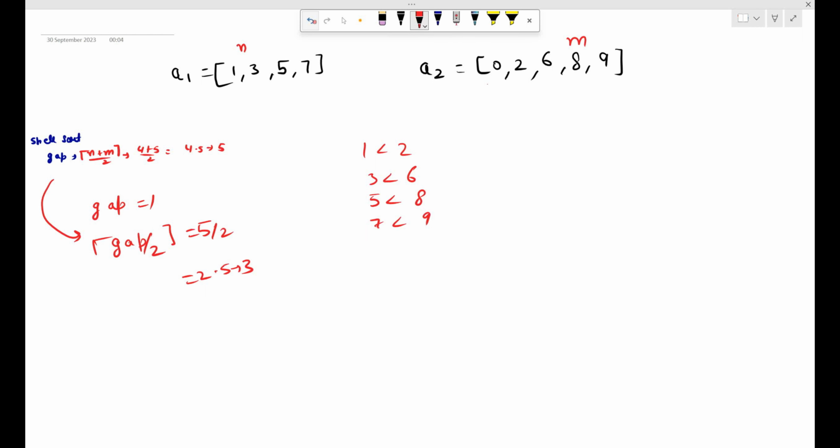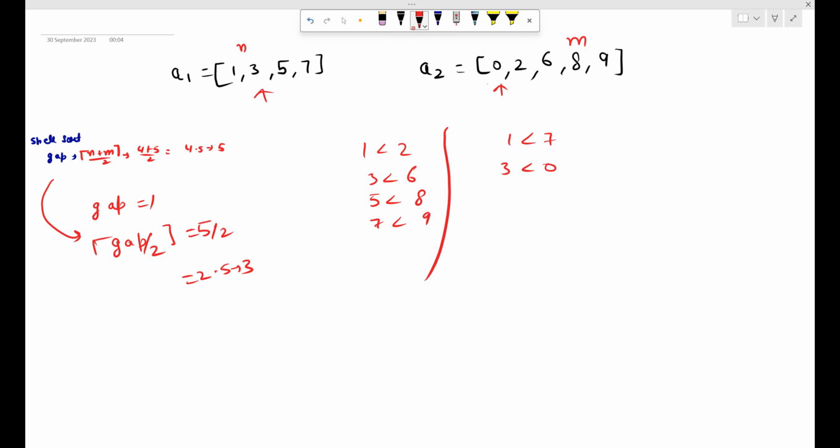Now we will take a gap of 3. So again my left will be here, and my right will be here, right? Now let's start. 1 is less than 7. Yeah, seems fine. Moving to the next one. 3 here, 0 here.